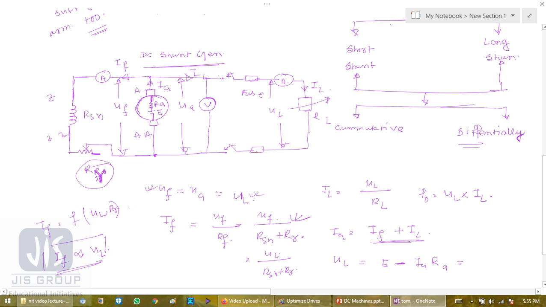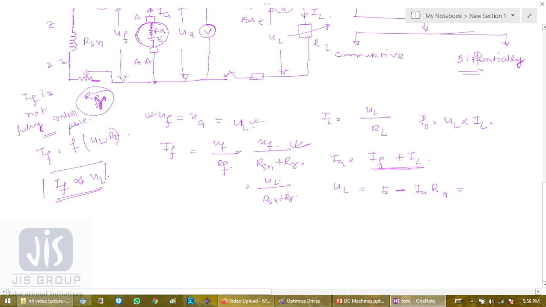According to the load condition the field current will change. So this is a very important point, that IF is not fully controllable as it was in case of separately excited machine. Okay, so this is all about the DC shunt generator.